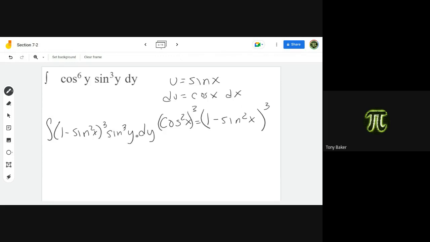Great, everything's in terms of sines. I don't have a cosine. I'm missing the cosine to be able to do that. So somehow I have to pull that cosine out. But if I pull the cosine out, now that's only cosine to the fifth. And I can no longer do that.